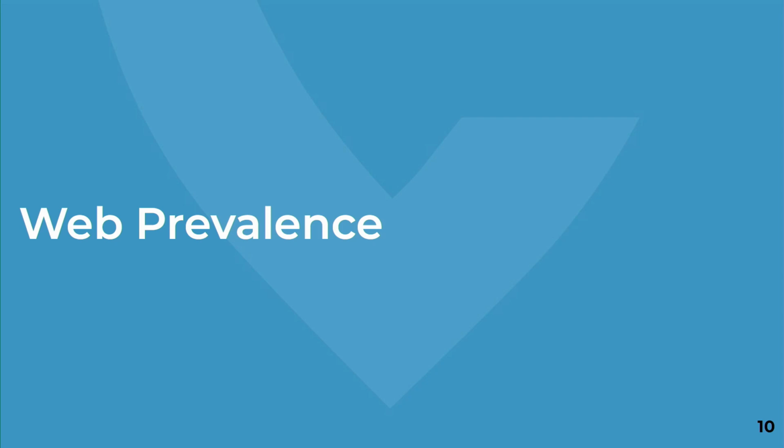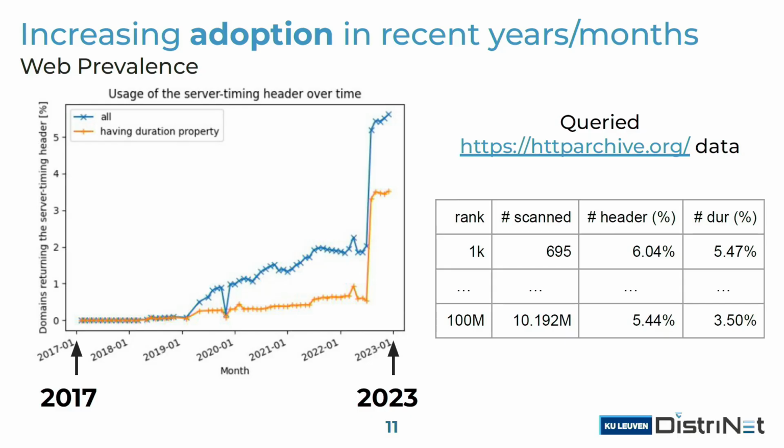So let's look at the prevalence of this header. We see that if we query the HTTP Archive data between 2017 and 2023, the adoption of this header is rising. Starting in 2019, the adoption rises steadily, and then suddenly in the middle of 2022, there's a large bump.